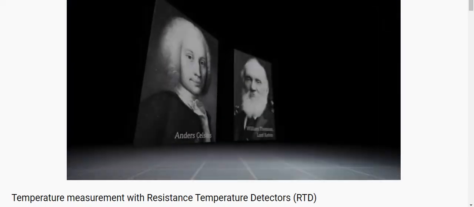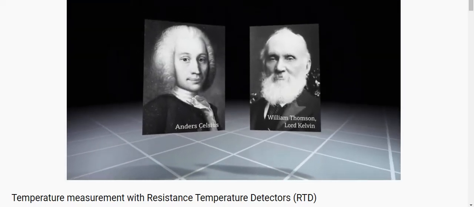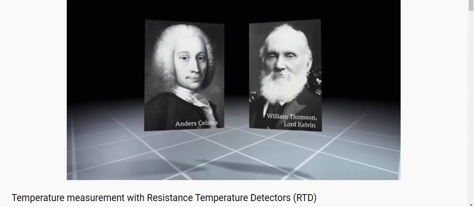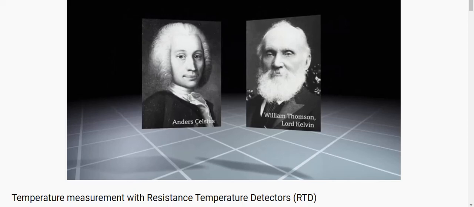Temperature plays an important role as a physical quantity. As early as 1742, Swedish physicist Anders Celsius defined the conditions for an international scale of temperature measurement. Approximately 100 years later, William Thomson, subsequently Lord Kelvin, devised the concept of absolute temperature in his work on thermodynamics.